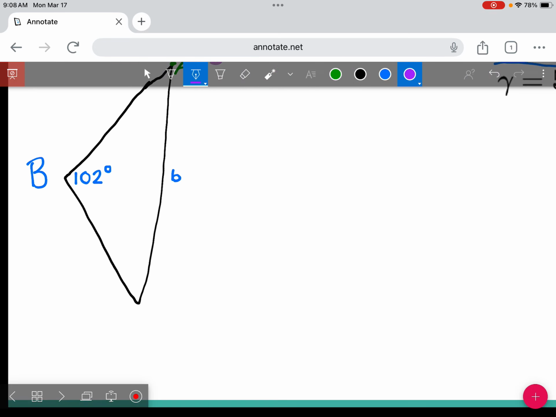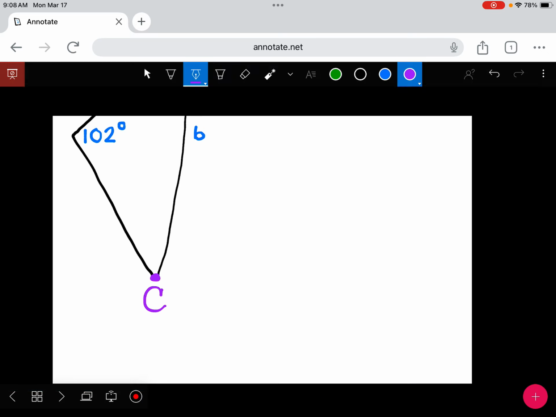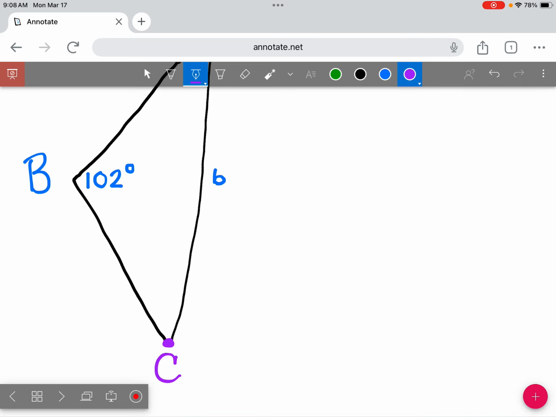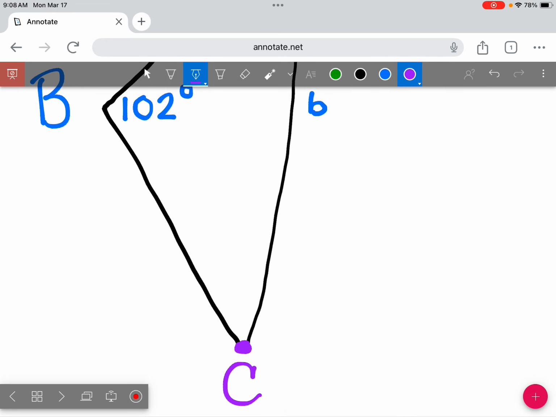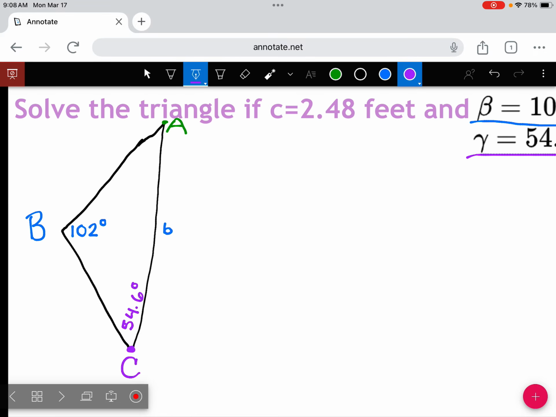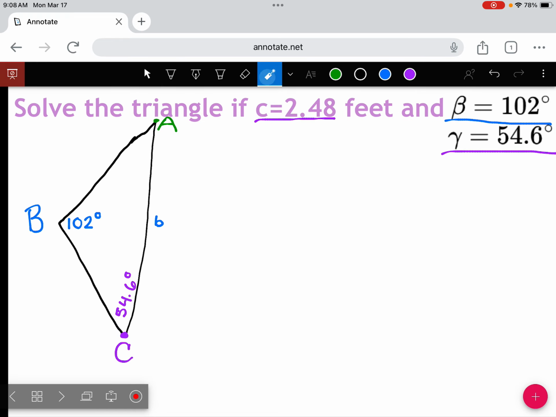It genuinely does not matter which point we put where. Point C gets angle gamma, so this point over here is going to be our 54.6 degrees. And side C, which is the one across from angle C, is our 2.48 feet.